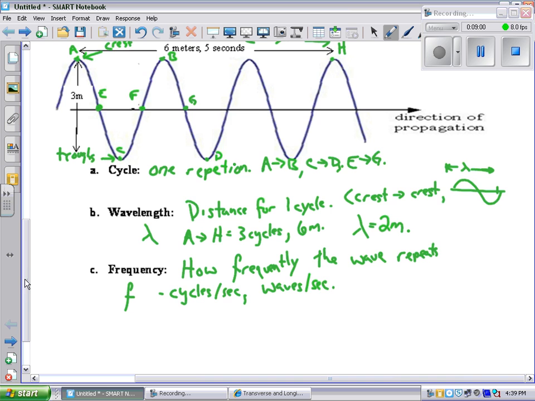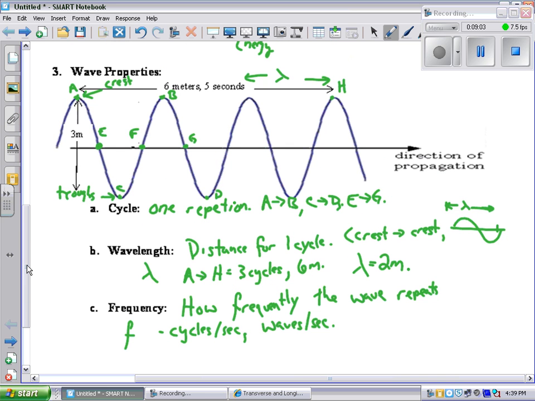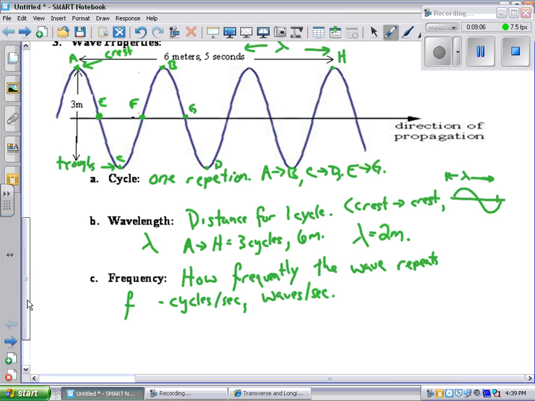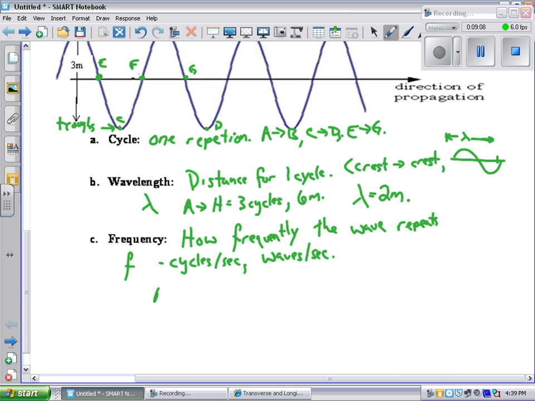So for the example up above, again, from A to H is 3 cycles, and that took 5 seconds. So from A to H was 3 cycles in 5 seconds. So my frequency is going to be 3 cycles per 5 seconds, which is 0.6 cycles per second. Now, a cycle per second, an abbreviation for that is hertz, so I might write it as 0.6 hertz for the frequency.